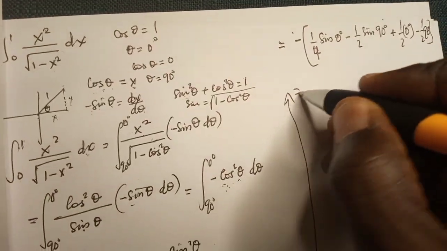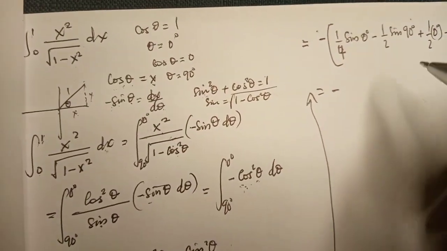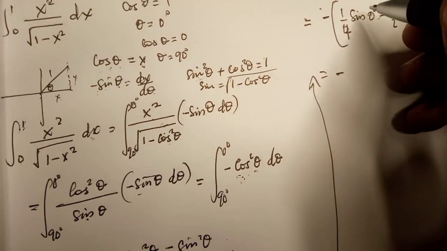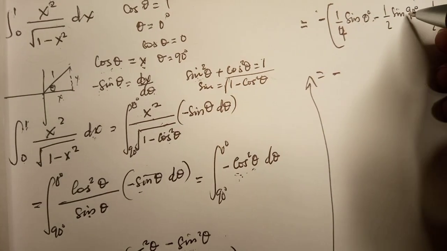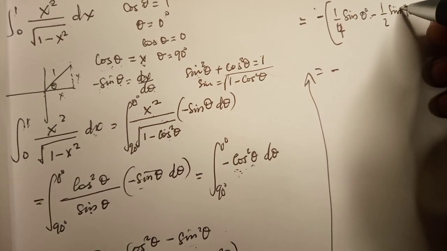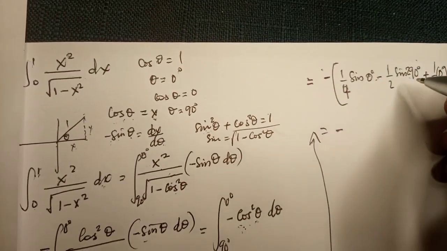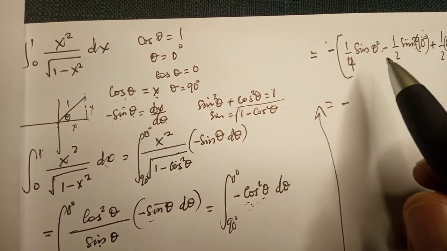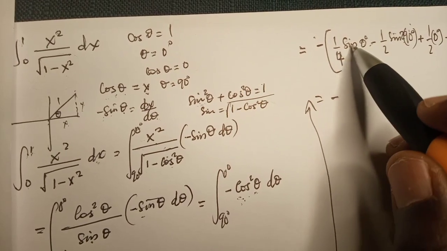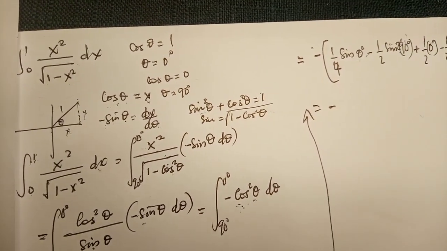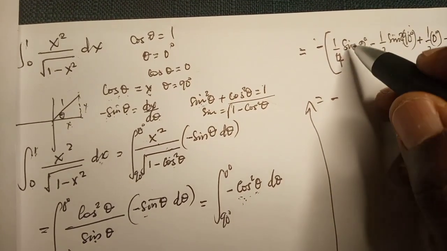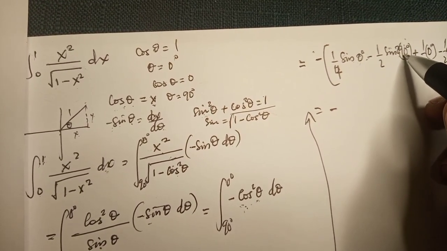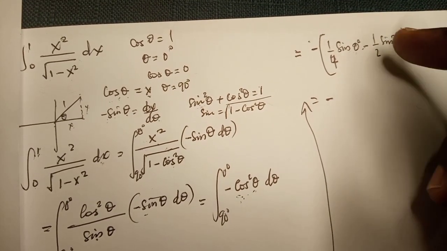So the same thing here, sine 0 gives us, this is 2 times 0, and 2 times 90 degrees, that will be 180 degrees. Here sine 0 gives us 0, so everything here goes to 0. Sine of 180 degrees gives us also 0, so everything also goes to 0.